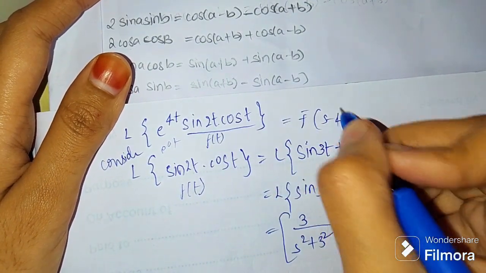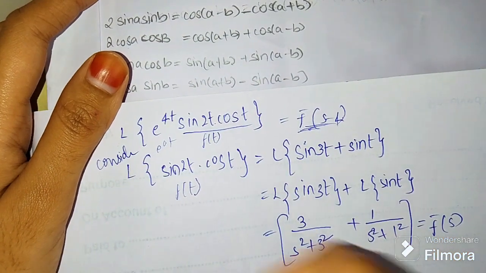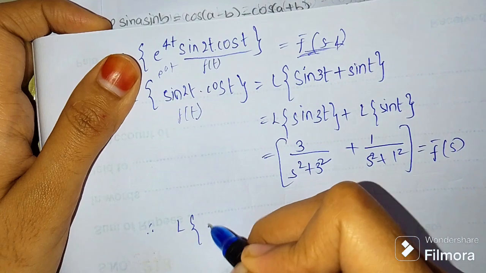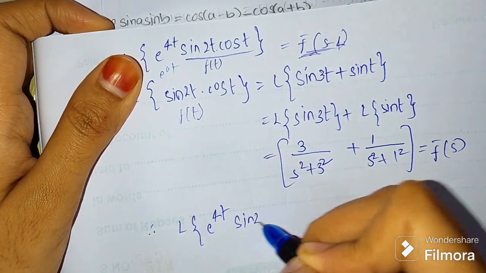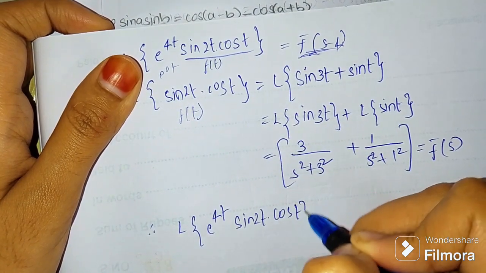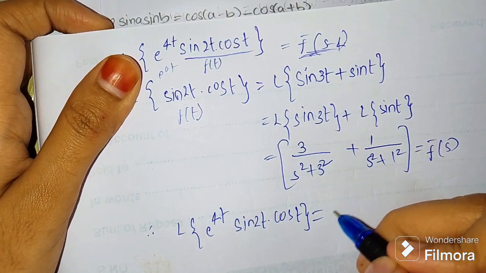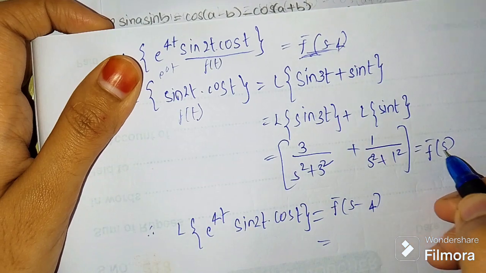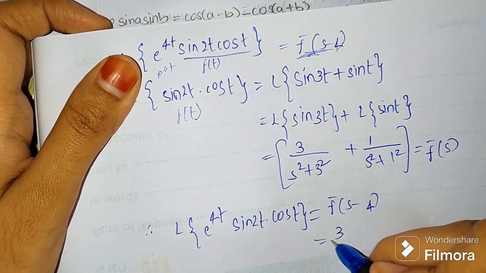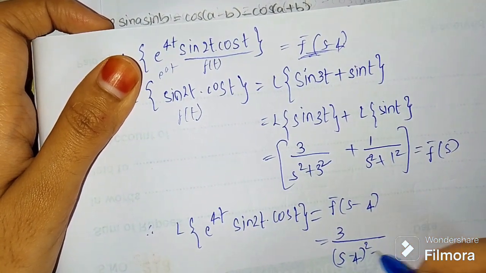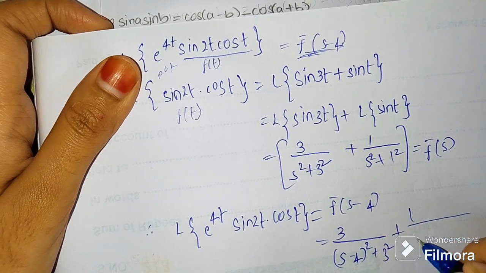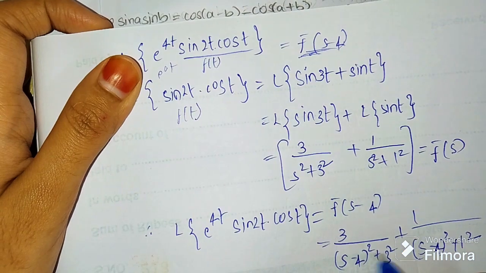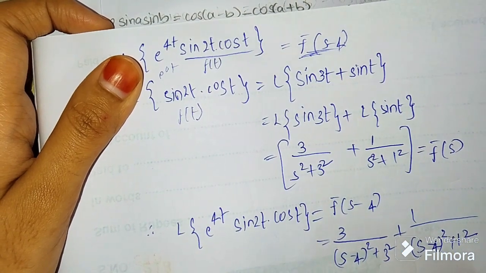So therefore Laplace is equal to f bar of s minus 4, that is, in place of s put s minus 4. That's simple. Okay, further simplify this. I think we forgot something.